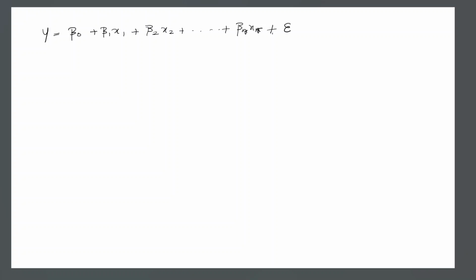So we always have this error term, and we have studied that the expected value of the error is equal to zero, because our aim is to make the error zero.